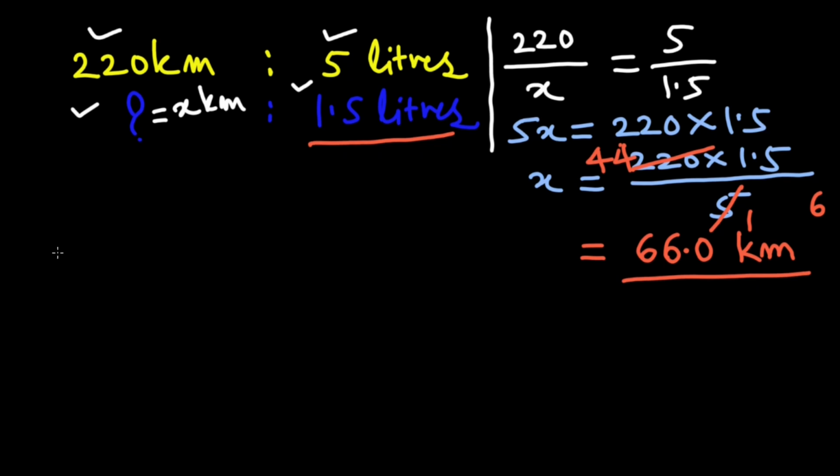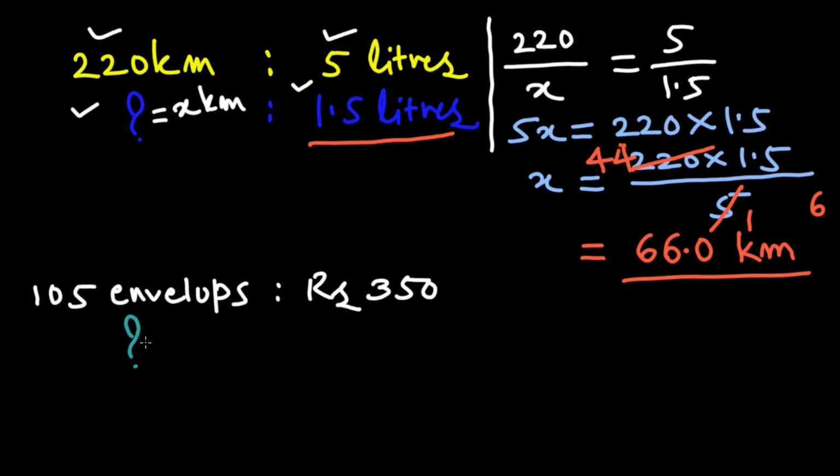The cost of 105 envelopes is rupees 350. How many envelopes can you get in rupees 100? Let us assume the number of envelopes to be x.